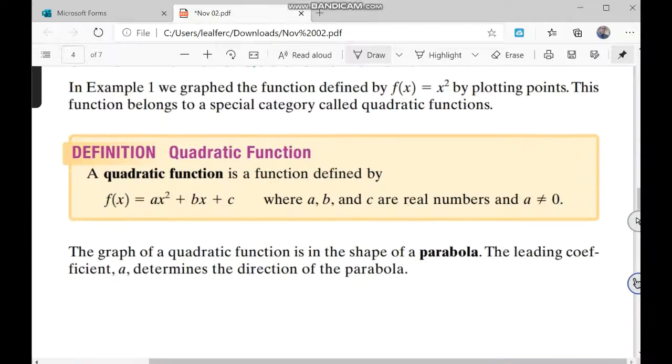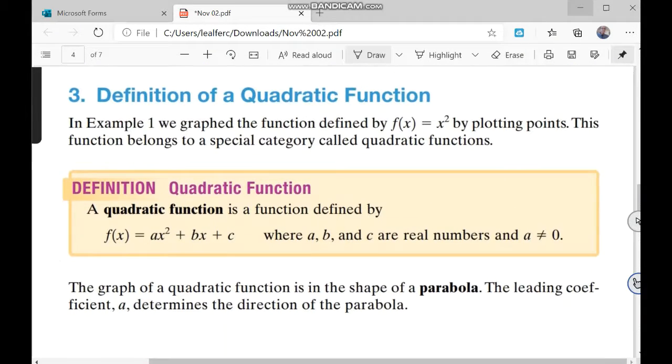Let's move. That was a review. We finished the review from last Friday, and now the new topic of today's class is the definition of a quadratic function. We have seen before that the simplest, the basic quadratic function is f of x equals x squared.